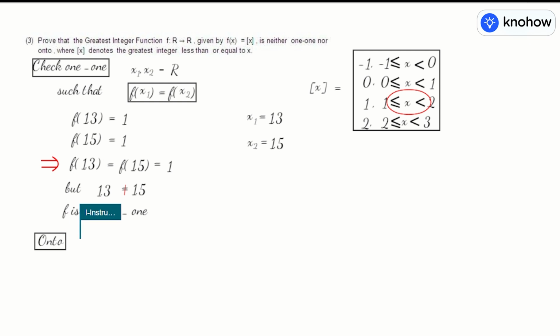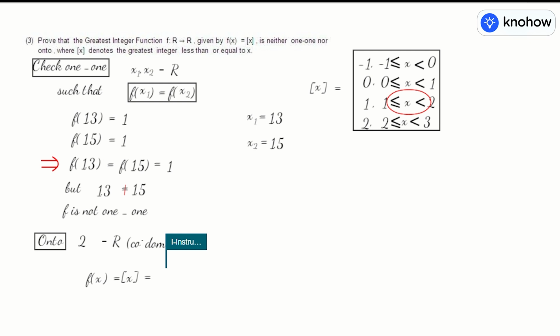How do you check onto? That is, for each real number in the codomain, let me choose a number 2. 2 belongs to R, 2 is a real number in the codomain. So what is that real number x such that f(x) equals the greatest integer function of x equals 2?